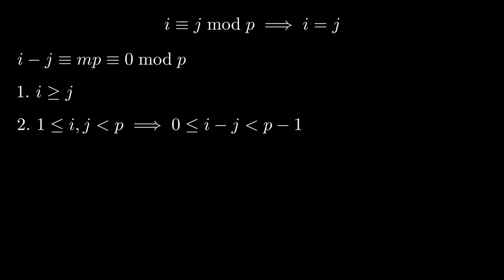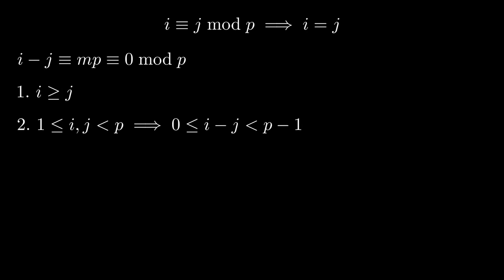Okay, so remember, we've chosen i and j to be greater than or equal to 1 and less than p, which implies, given the fact that i is greater than or equal to j, that i minus j is greater than or equal to 0 and less than p minus 1, which becomes a very important bound for the difference i minus j.